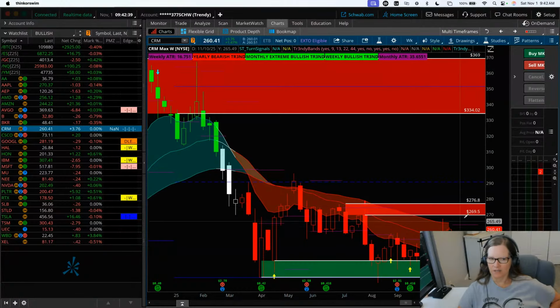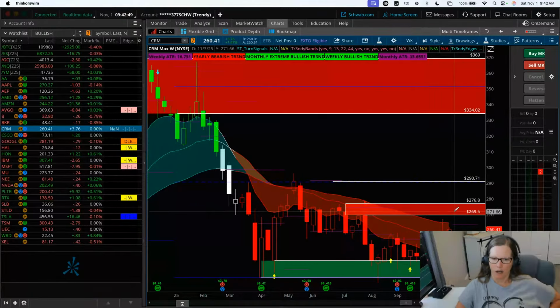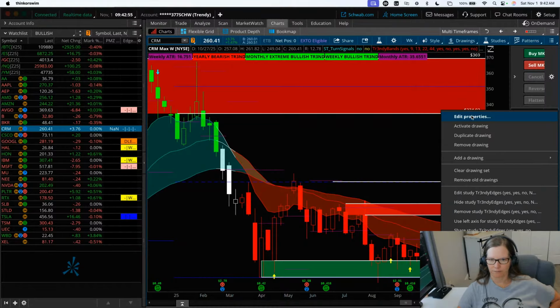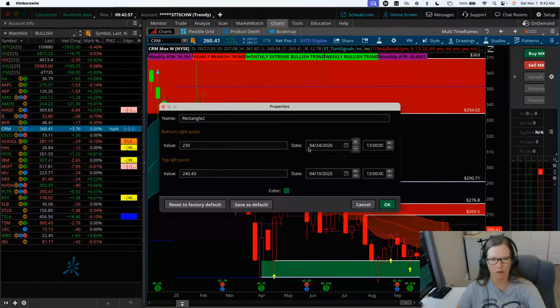But not saying you can't be. If you are, then you take the break above that sell zone. There's another target for you. But me personally, I'm going to wait for a dip, and that dip's going to be at 245 on this weekly chart.